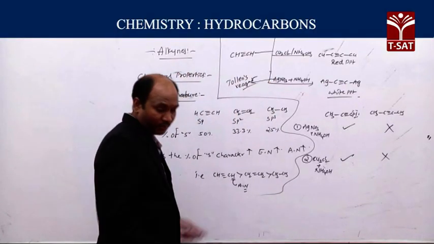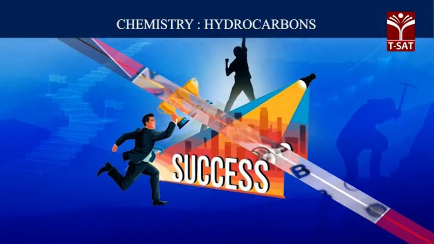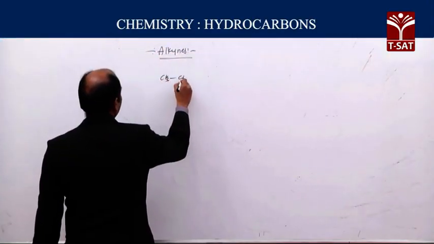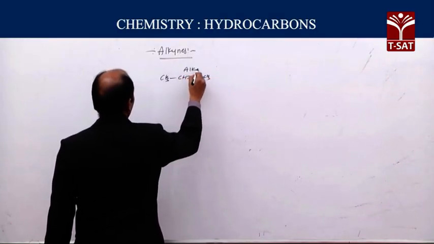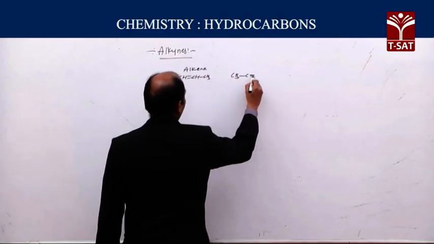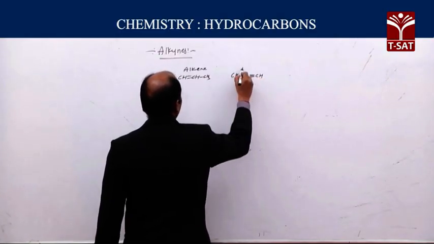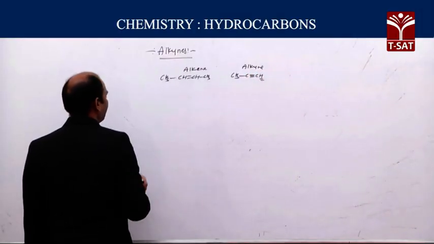Similarly, these reagents are used for differentiating between alkynes and alkenes. Suppose you take CH3 CH double bond CH3, this is an alkene, and we have a terminal alkyne CH3 C triple bond CH. Here acidic hydrogen is present, there it is absent.